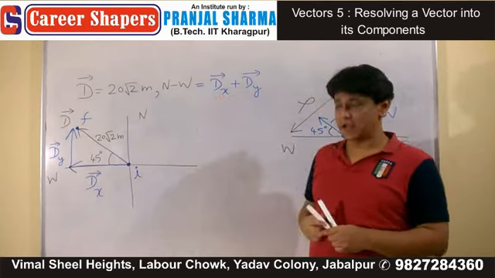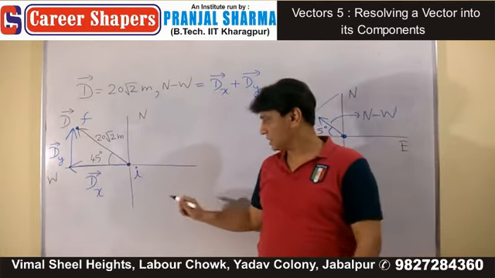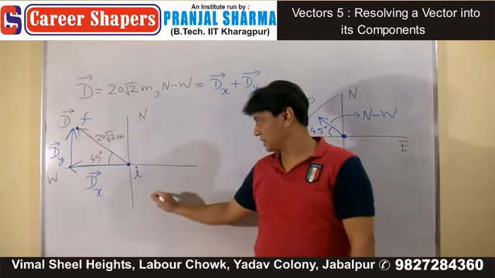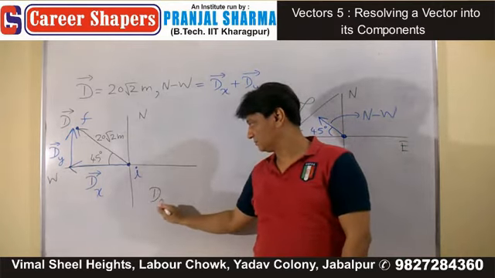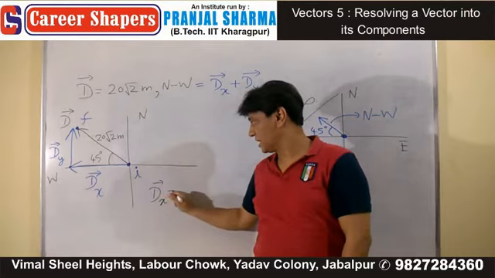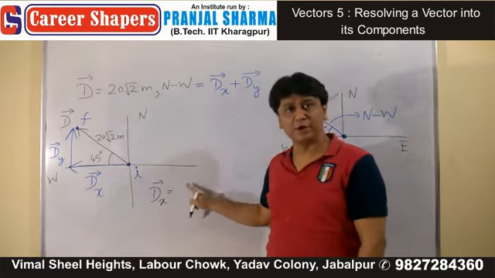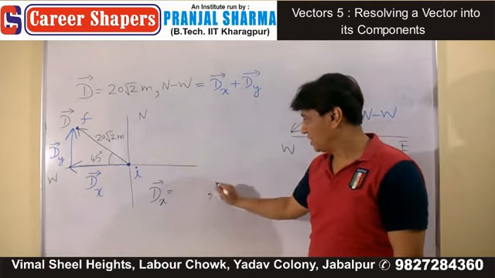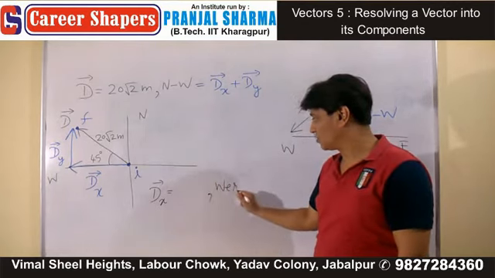Now, this dx, I'm using black color so that you can see it properly. Dx has some magnitude as well as direction. Direction, everybody can see, is west.